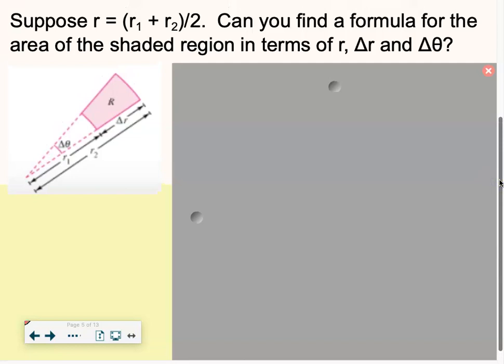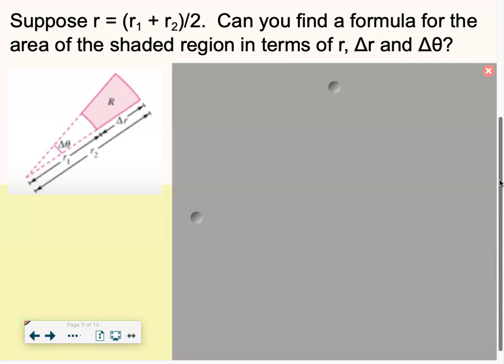Suppose we have some radius r, and we're going to find an area of this funky shaded region. And so we have our r sub 1 and our r sub 2. So we have these two different radii, and we're just going to call r the average of those two.